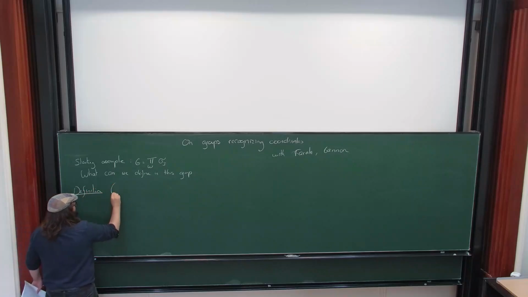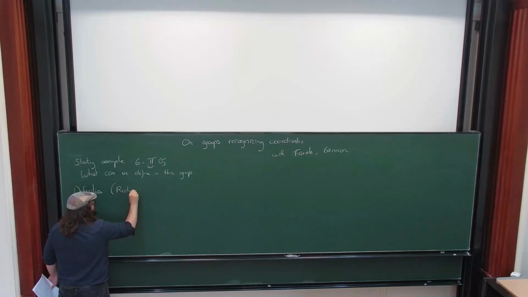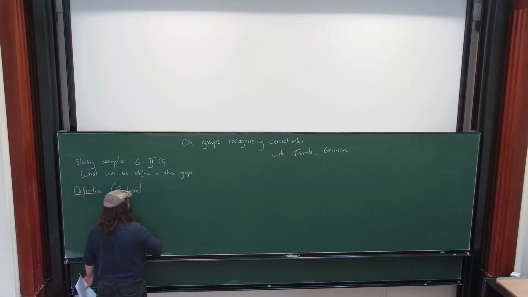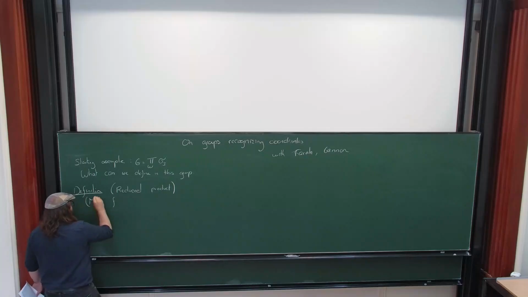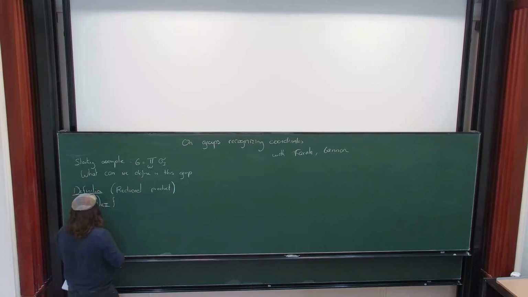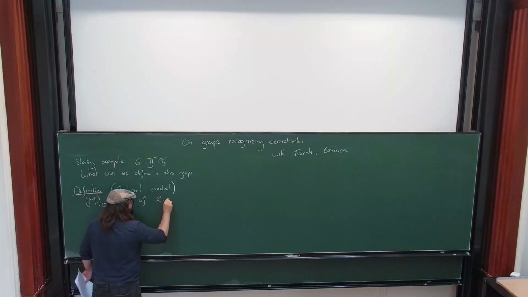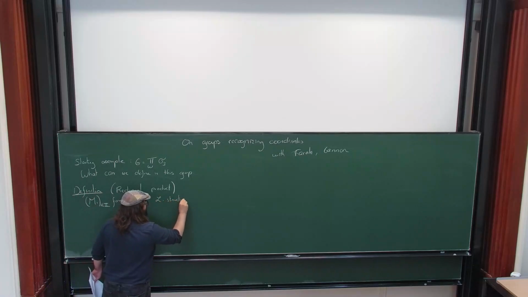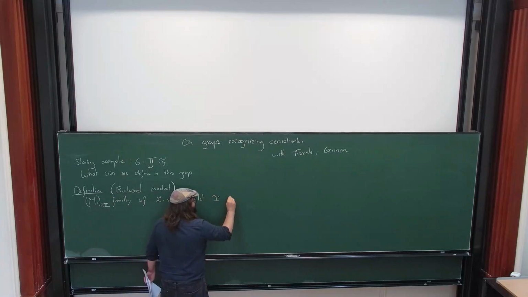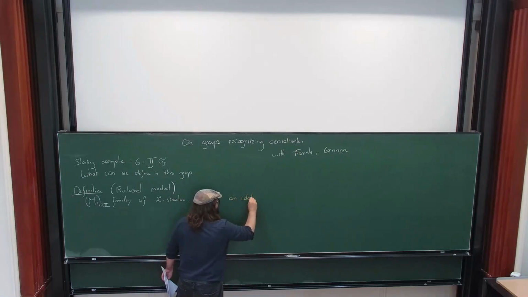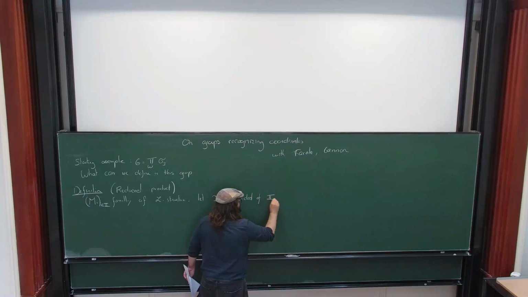I don't know if you are familiar with the notion of reduced product, but I have to introduce it. For that, take a family (M_i), i in double bar I, a family of I structures. And let 𝓘 be an ideal of double bar I. What does it mean?